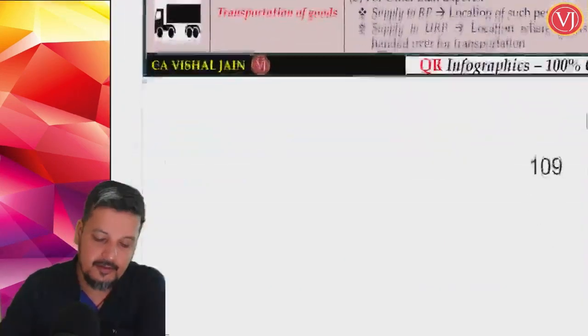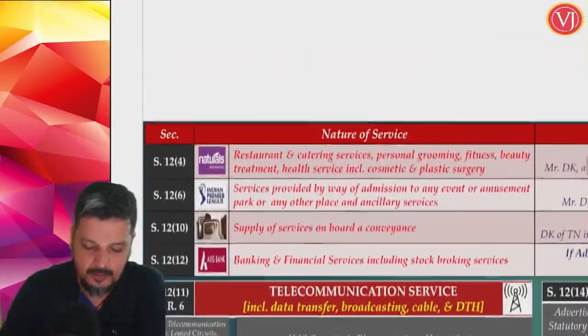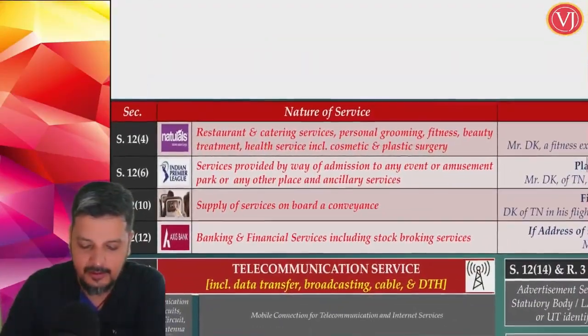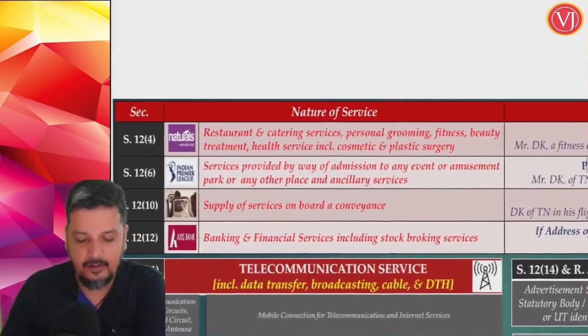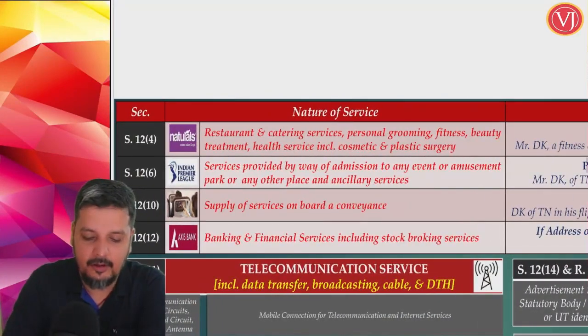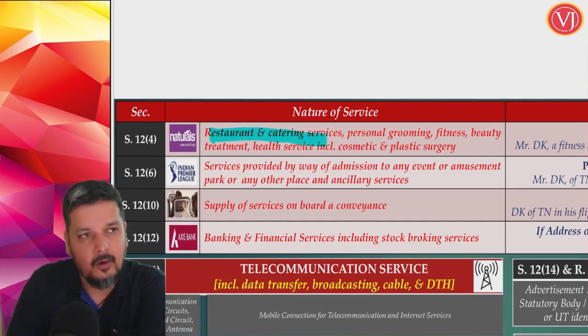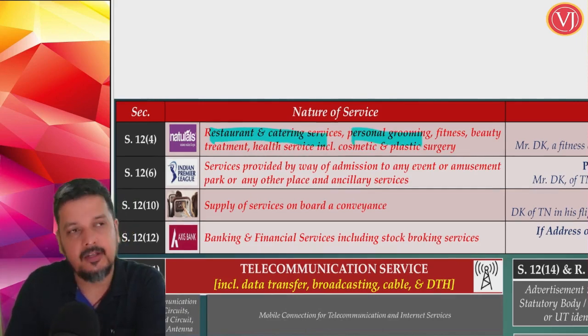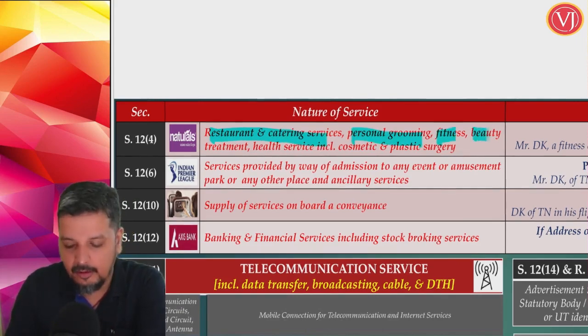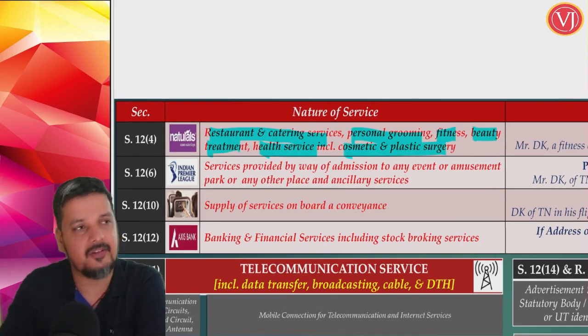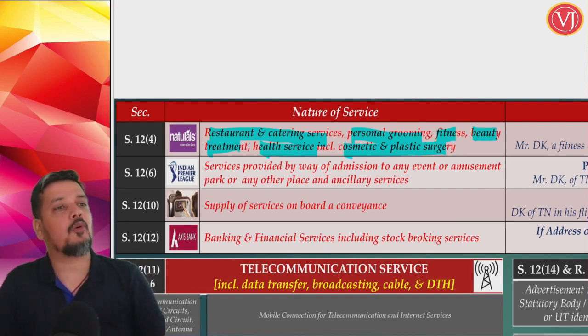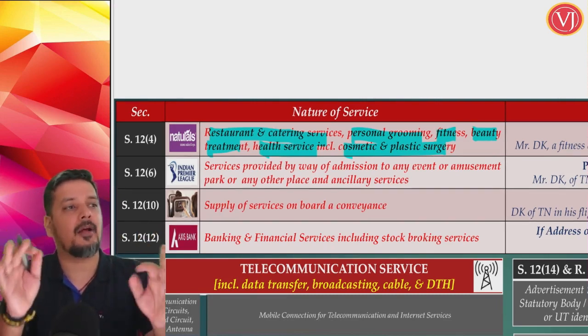Now you have one more performance related service, where you're talking about restaurant, outdoor catering services, personal grooming, fitness, beauty treatment, health services, including cosmetic and plastic surgery. Why am I comparing both? Both are related to performance.